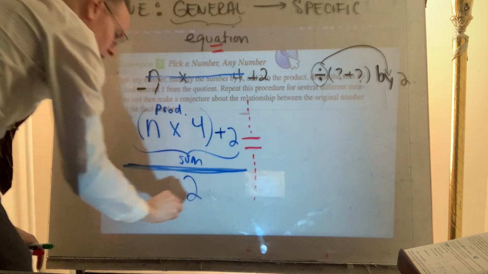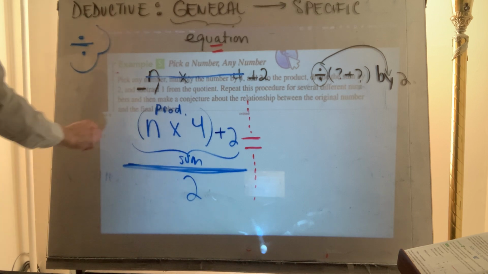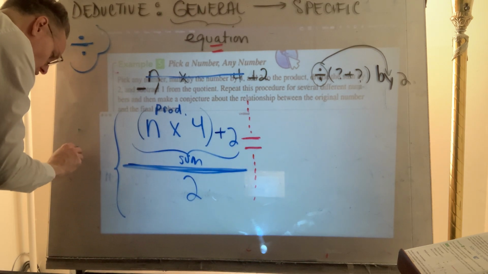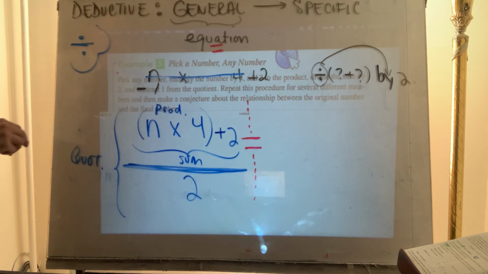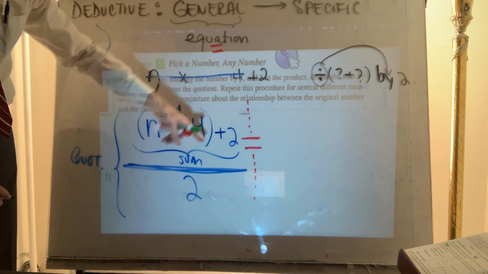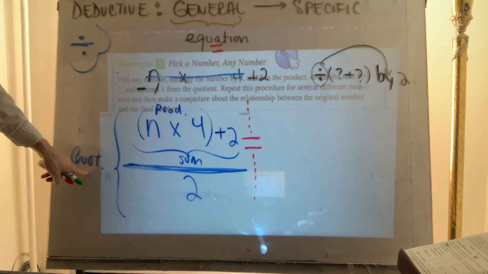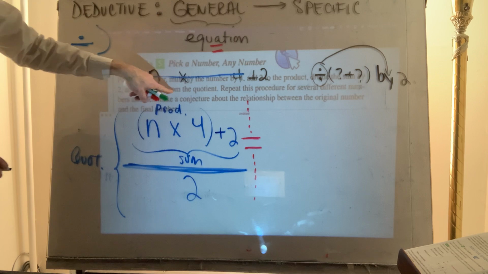Divide by 2, right? That forms a quotient, right? This entire thing is a quotient. All right? The top part that consists of a product and a sum is now divided by 2. The whole kit and caboodle would be a quotient, right? And then subtract 1 from the quotient.